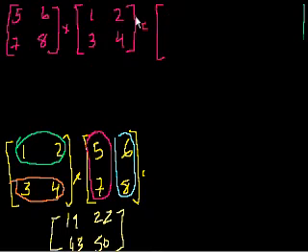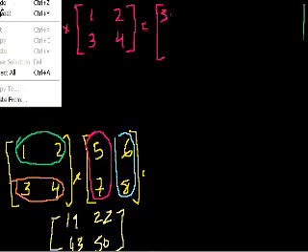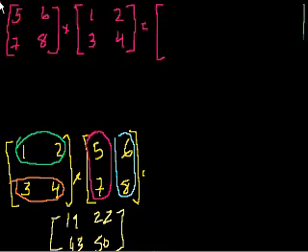So this first term gets its row information from the first matrix, column information from the second matrix. So it's 5 times 1 plus 6 times 3. So it's 5 times 1, so it's 5 plus 6 times 3, plus 18.